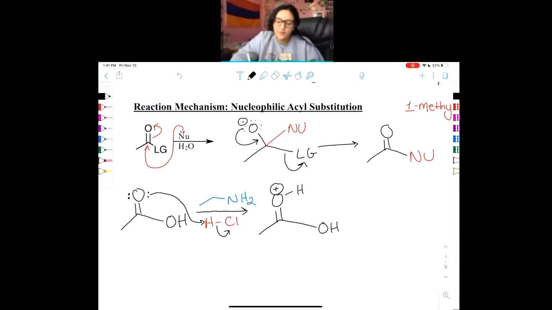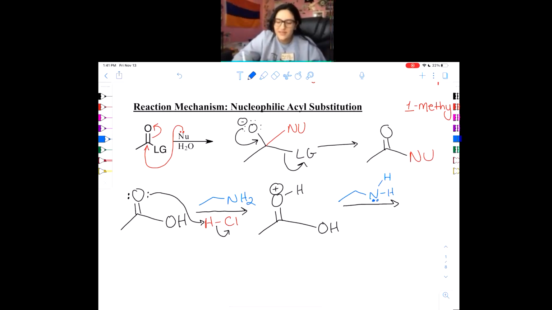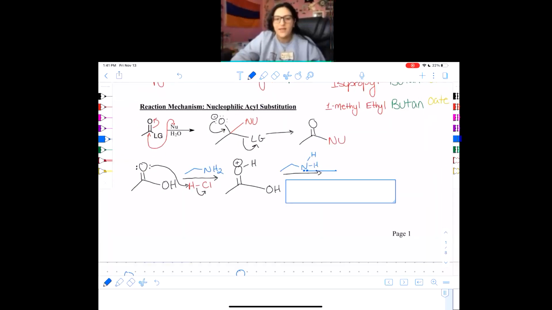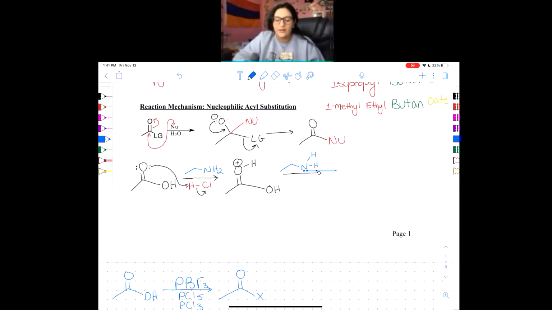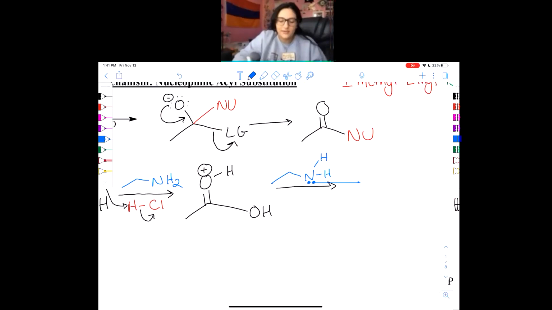So now at this point, our nucleophile can attack, and there's one thing that I want to kind of drill into you guys, because I see this mistake made quite often, so I want to make sure you guys don't make that mistake. When we attack, we are using the lone pairs on the nitrogen to attack the carbonyl, right?